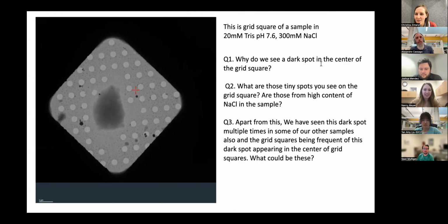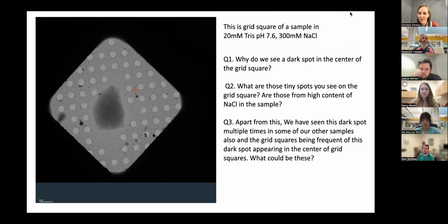In my experience, I completely agree with you that it's related to the sample, and more precisely to the buffer of the sample, which makes it spread well or not on the grid. And every time I have this, we can try to minimize it by changing the glow discharge parameters.